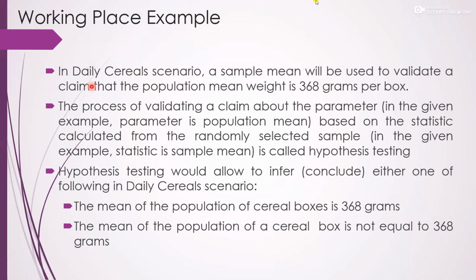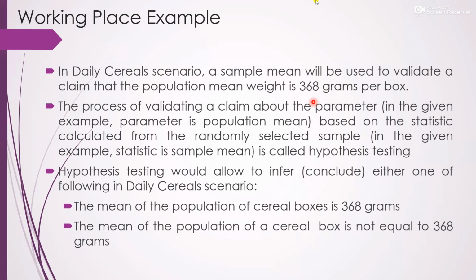So now a sample mean. From these 25 selected boxes, we can calculate it to validate a claim that the population mean weight is 368 grams. Now he has to prove that, because if the filling process is working properly, the population mean weight should be 368 grams.